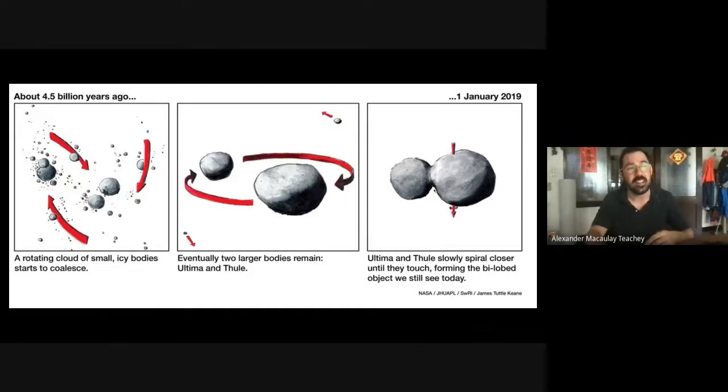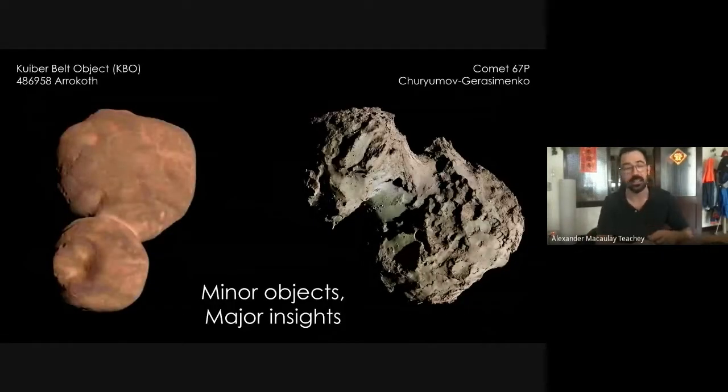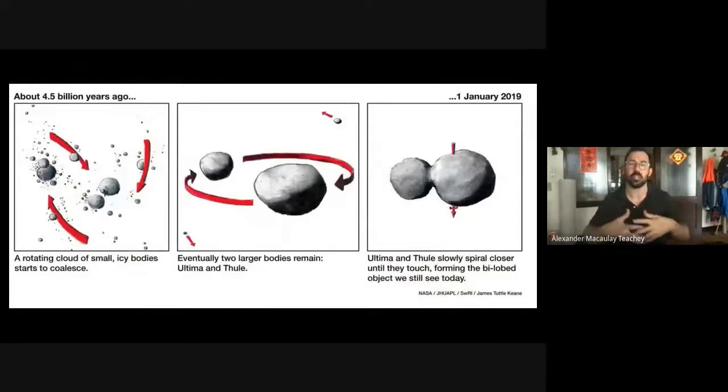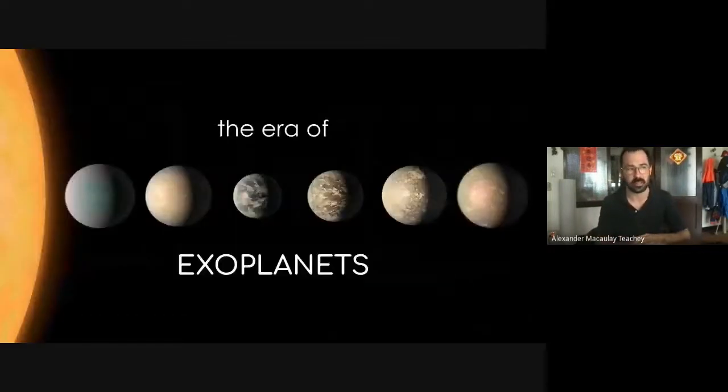Eventually, they collide, but very, very gently, and they fuse together into this sort of two-lobed structure. So you see it in both of these. And also we now know that a lot of these Kuiper Belt objects, even very, very small objects, basically all have moons, believe it or not. So the picture is continuing to emerge, how these objects form, go from the small to the large. So many insights by studying these objects.